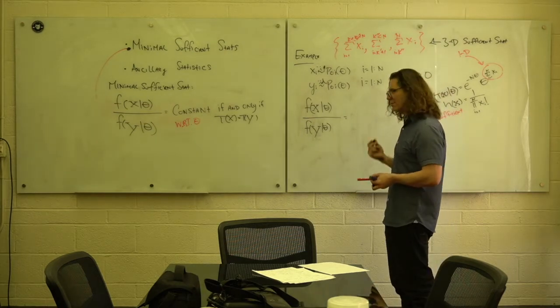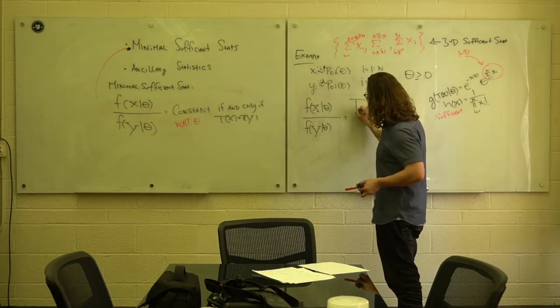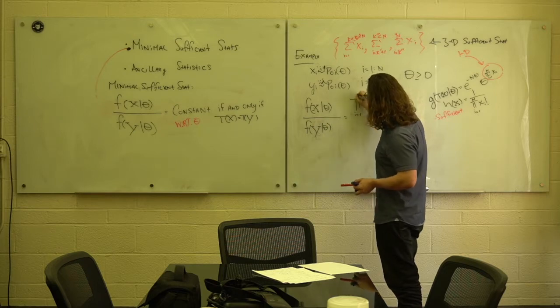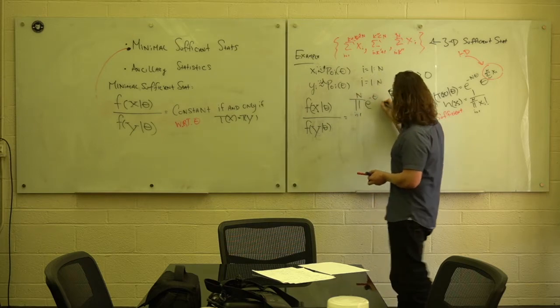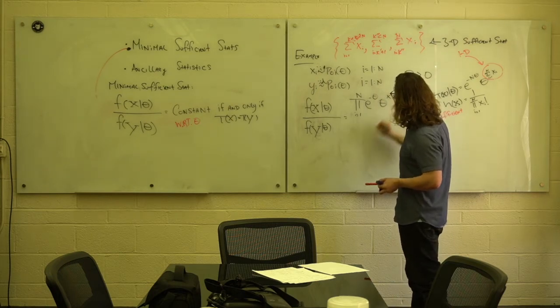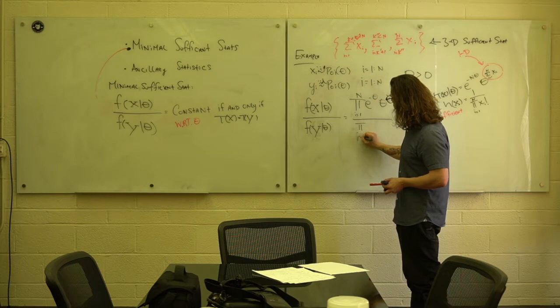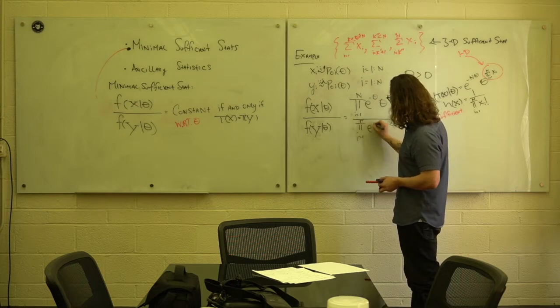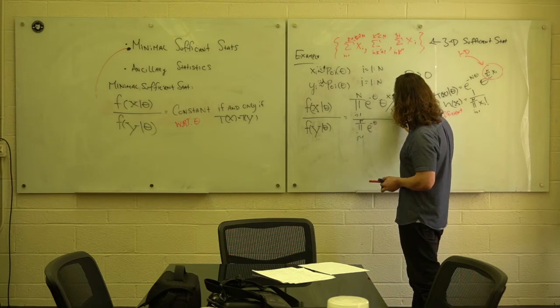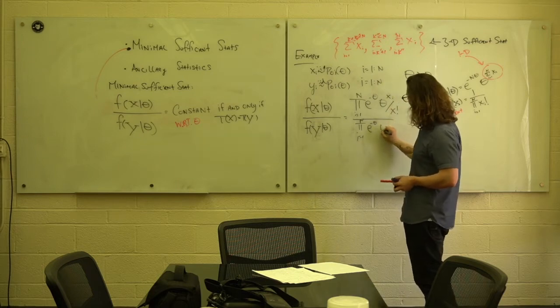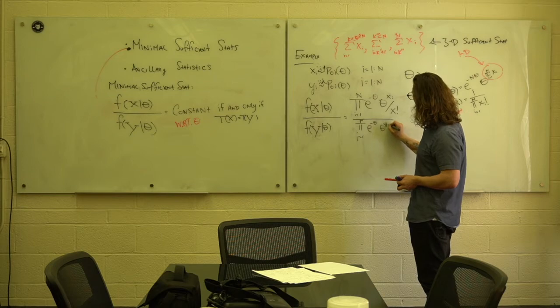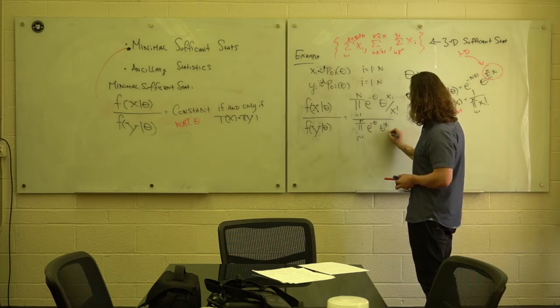I'll just write this down in terms of its product form. e to the minus theta, theta to the xi's, i goes from 1 to n, divided by xi factorial. Oh, and I need to write down my xi factorial right there. I'll finish the denominator, e to the minus theta, theta to the yi's divided by yi factorial.